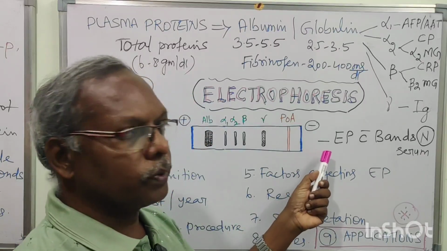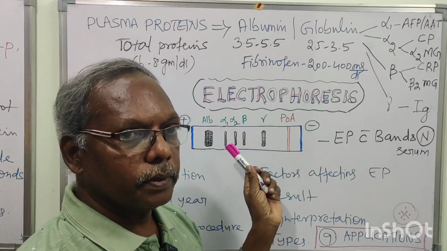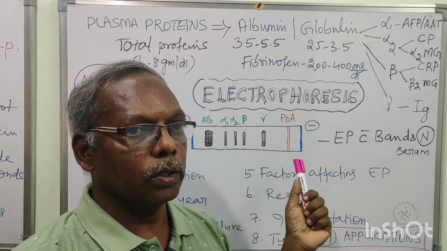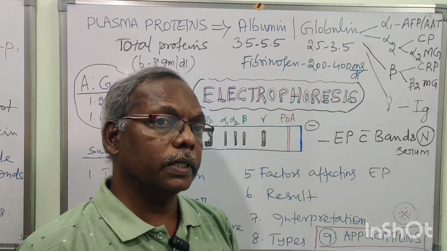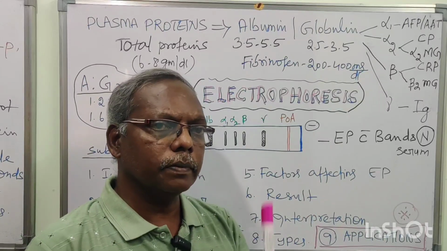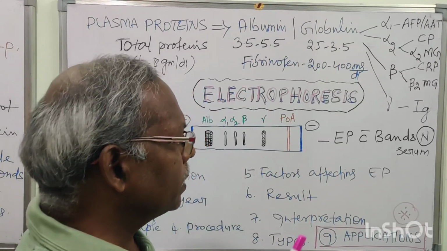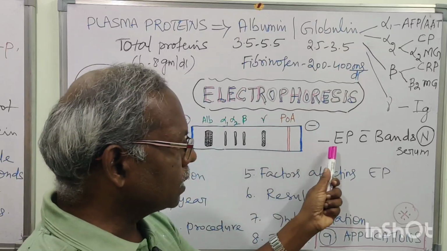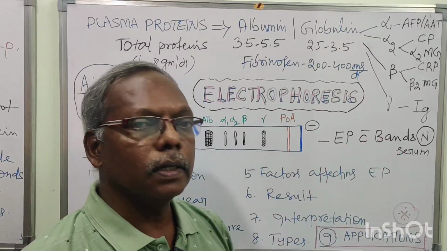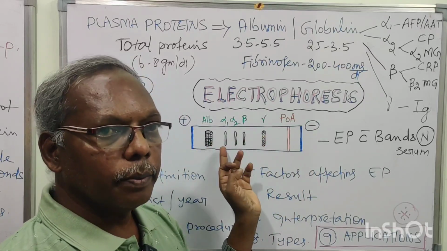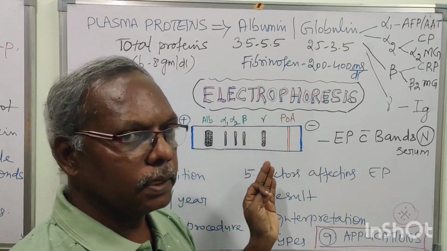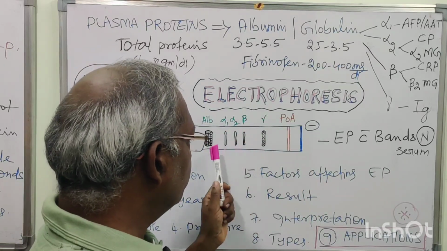But in this electrophoresis, it is 1.5 hours for the PAGE electrophoresis. Nowadays high voltage electrophoresis also has come, and the time is very minimal. So this slide shows the electrophoresis with the normal patient. They call them bands: albumin band, globulin band, like that. These are all the bands.